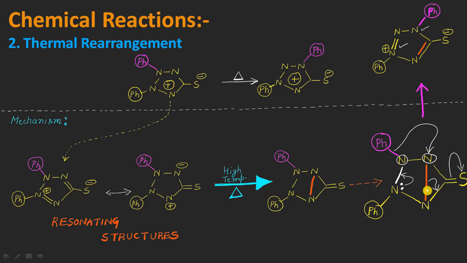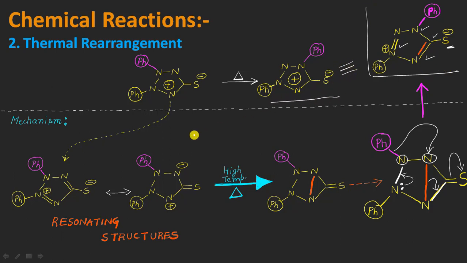And these electrons are moving on to this nitrogen and the carbon bond, giving a double bond in this way. And this double bond will now become a single bond, shifting the negative charge onto this sulfur atom, right? And we can say that this structure here is actually equivalent to our product molecule, which is this one here.